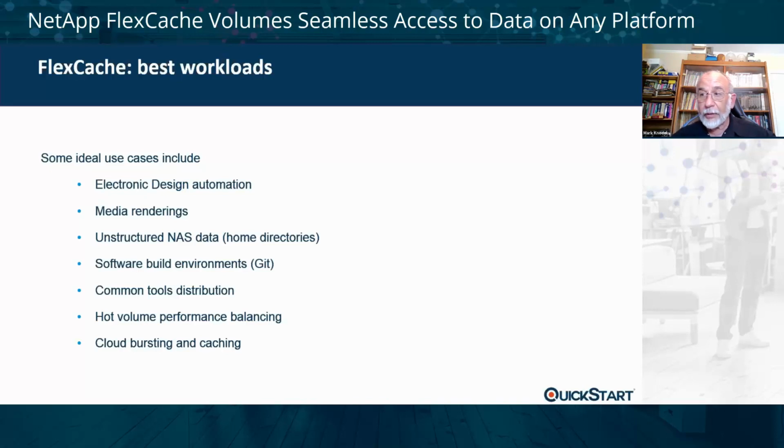Software builds, distributing tools for software development. If I have a really hot volume inside of a cluster, I can cache that on another node in the cluster and load balance that. Being able to burst into the cloud, as I mentioned earlier, and cache that data in the cloud is another use case.